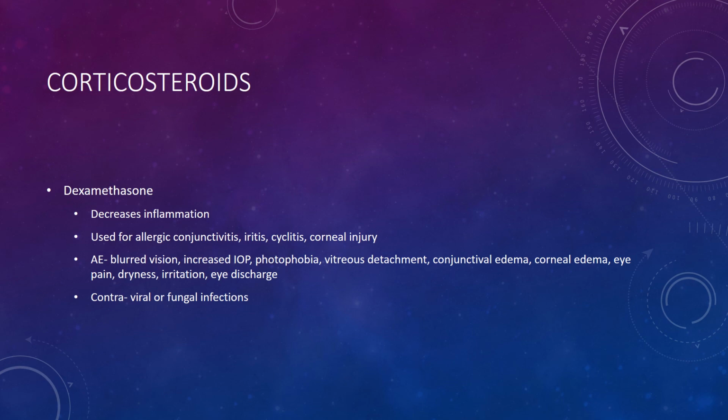The dexamethasone includes, when we use it, a decrease in the symptoms of those inflammatory responses that happen. And it can also be a treatment of corneal injury from chemicals, radiation, thermal burns, or anything like that to help cut off that inflammatory response.